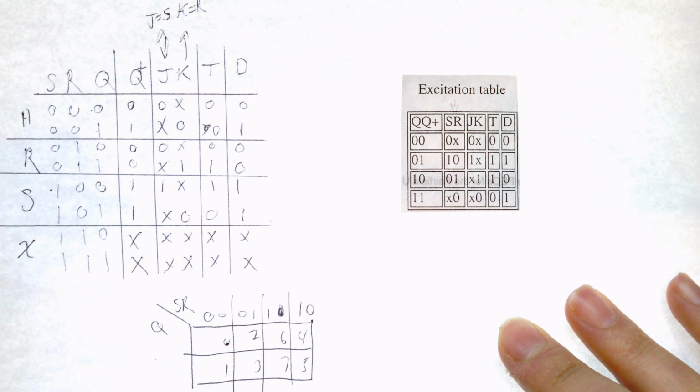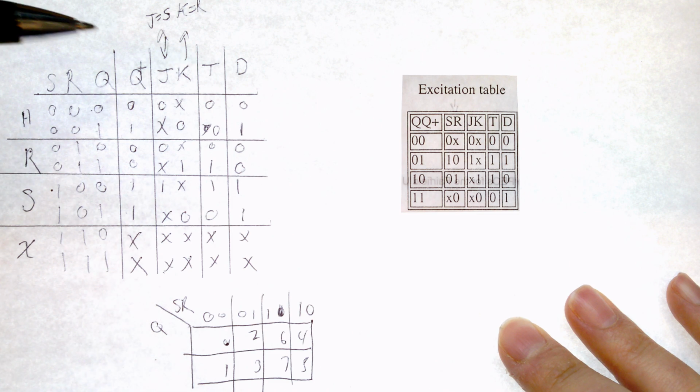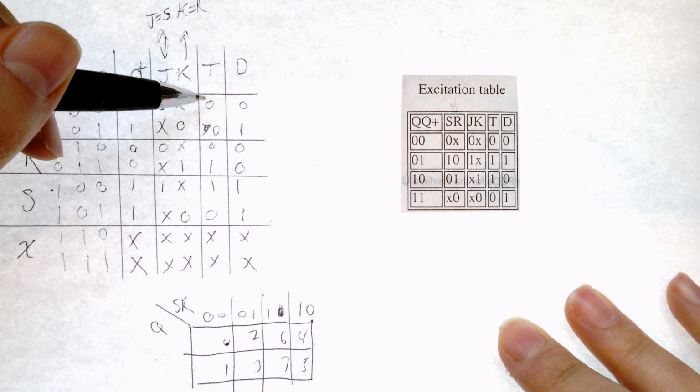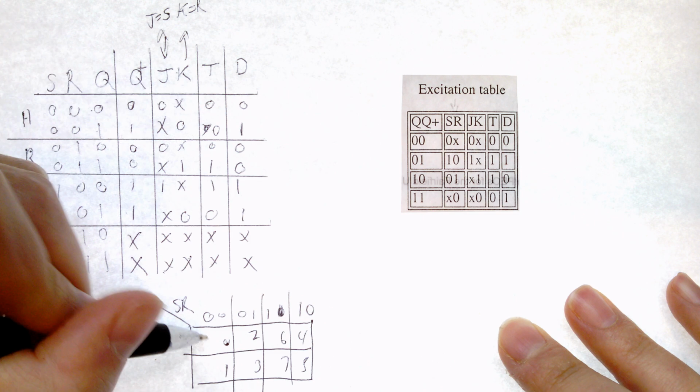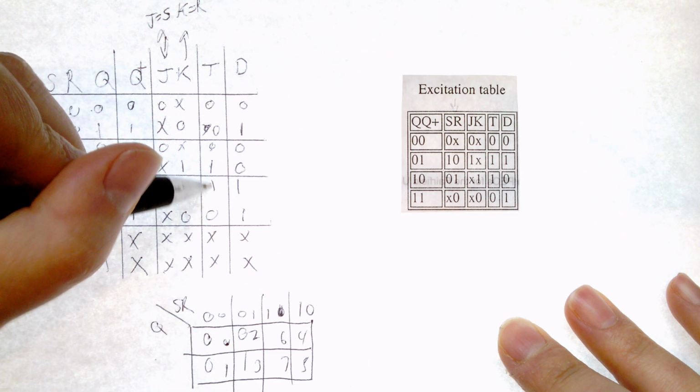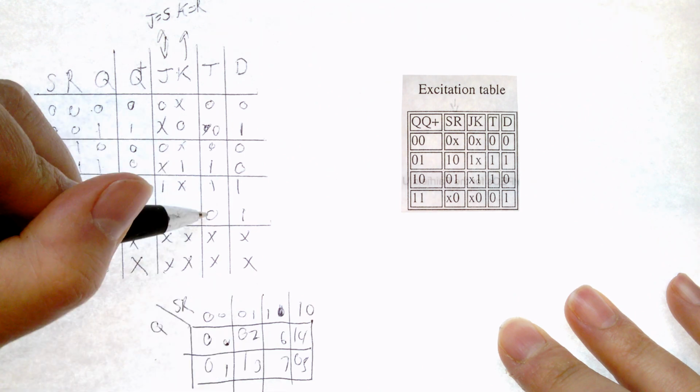And this will give us T as a function of S and R. And so now we have, let's see, 0, 0, 0, 1, 1, 0, XX.